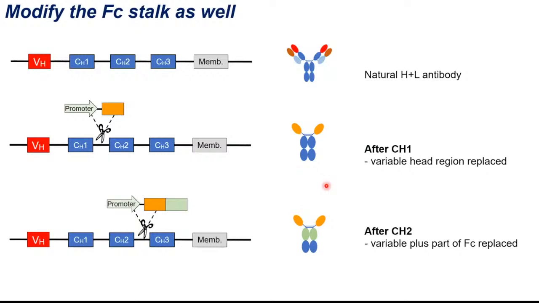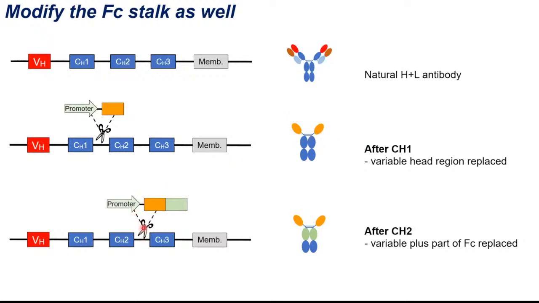And then a cartoon showing how we can modify the stalk, the Fc stalk. Again, this is the cartoon of the natural antibody locus that makes natural heavy plus light chain antibodies. This is the strategy I showed you, where we insert our head downstream of the CH1 cassette, and this is what we end up with, where the variable region is replaced.